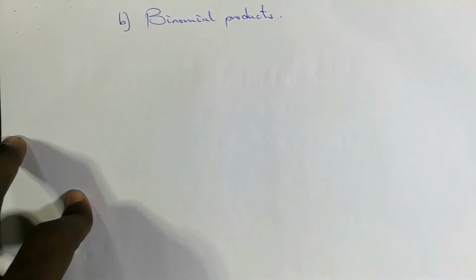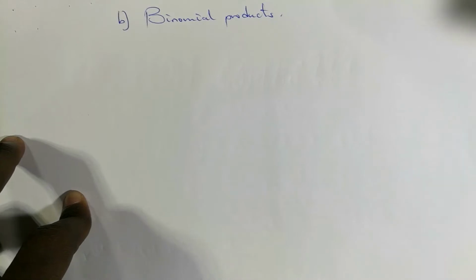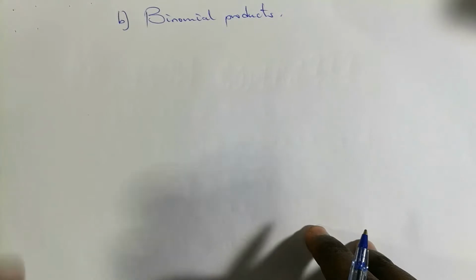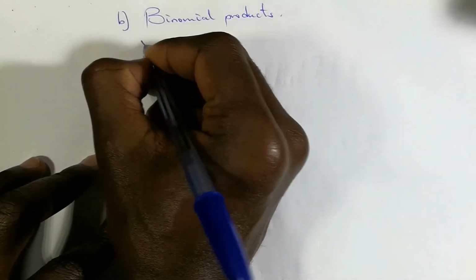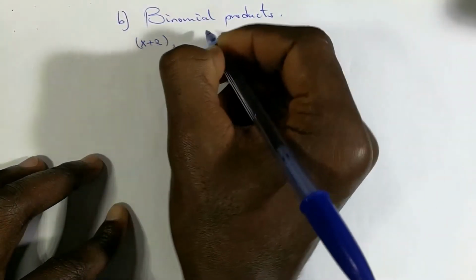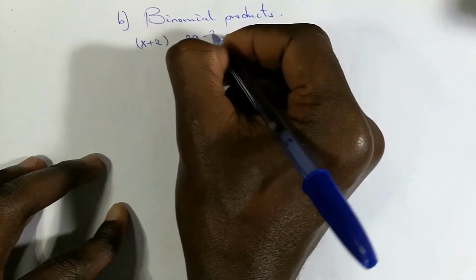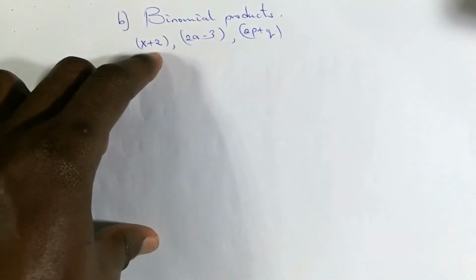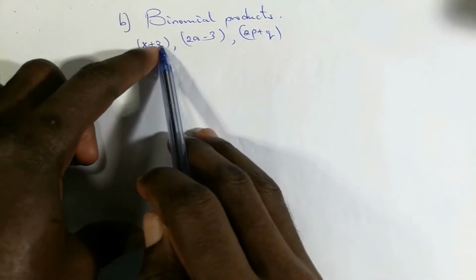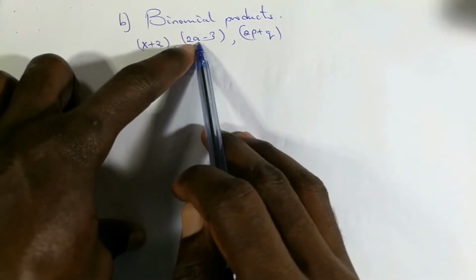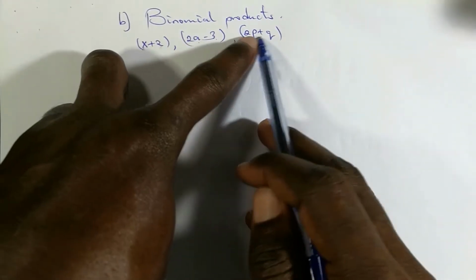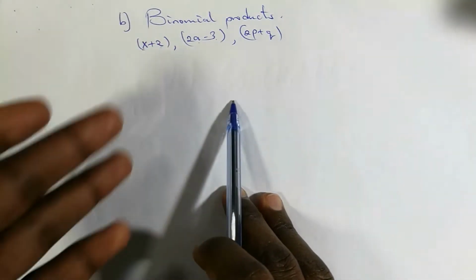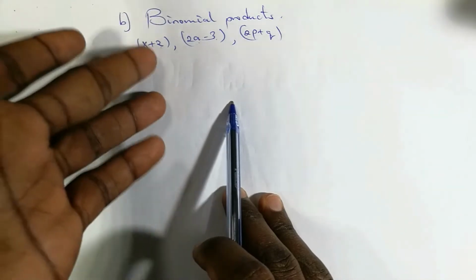For this case, we have an algebraic expression of two terms, and for example, we can say x plus 2, and let me say 2a minus 3, 2p plus q. This algebraic expression has two terms, x and 2. This one has 2a and 3. This one has 2p and q. That's what I mean by binomial products, by binomial expressions.